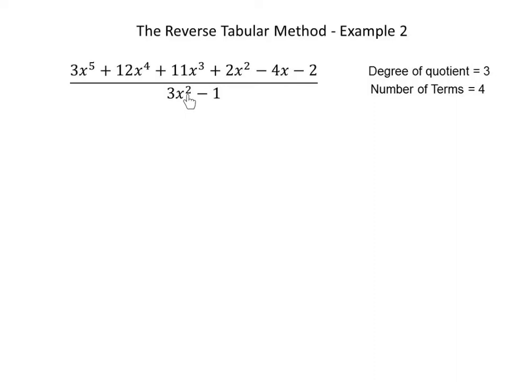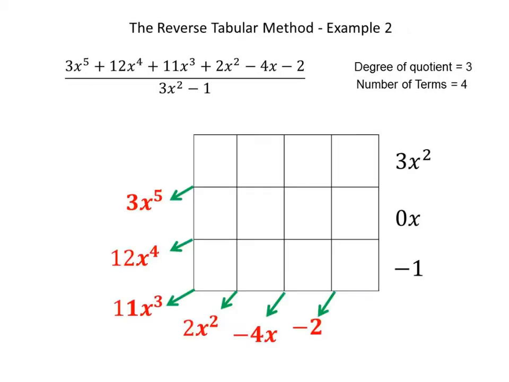Since the degree of the divisor is 2, it should have 3 terms. So basically the table should be a 4 by 3.